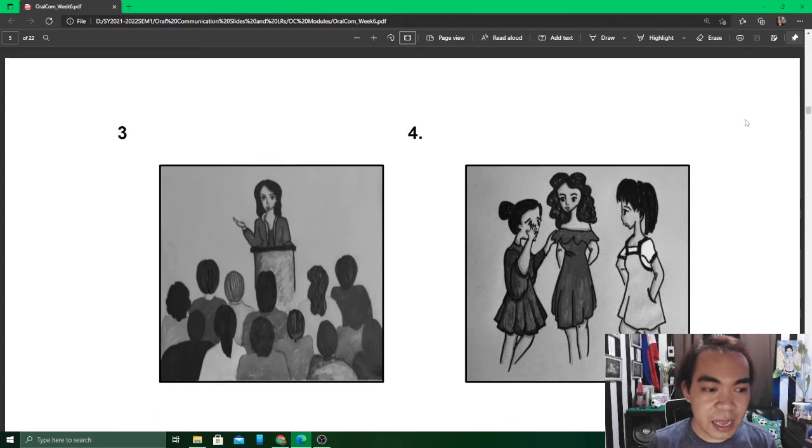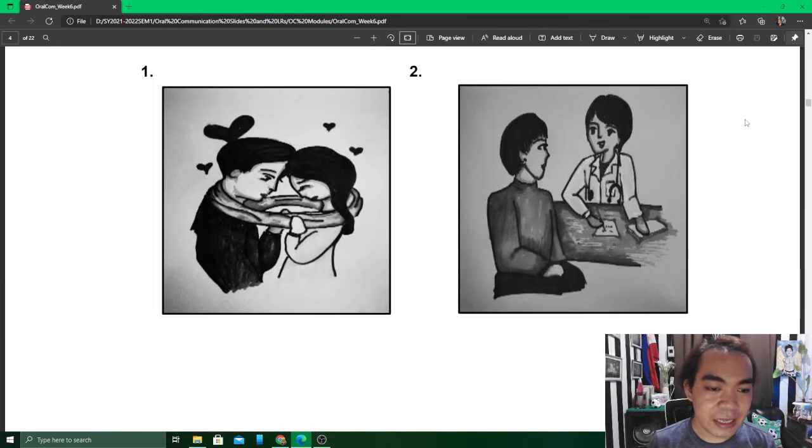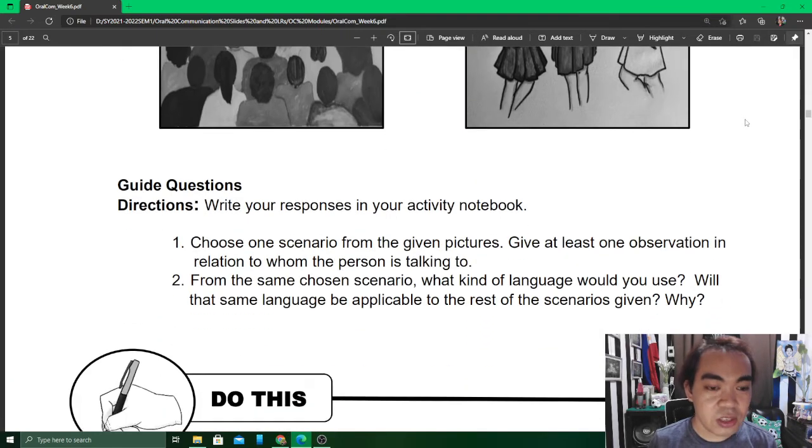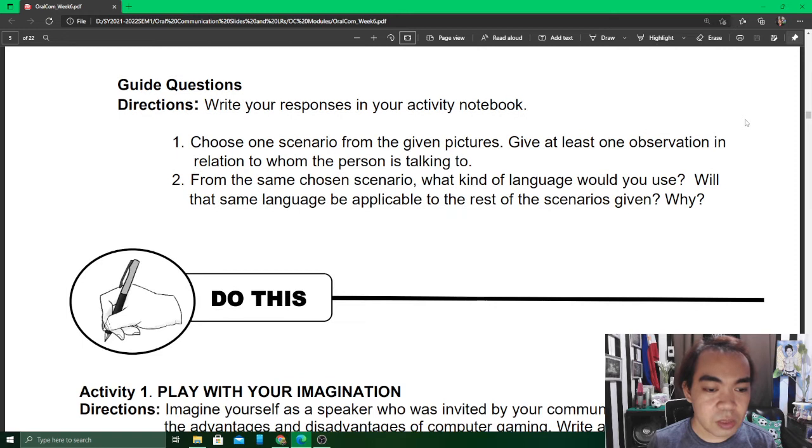So, sa apat nga ni sa mga pictures, lain-lain ang context, lain-lain man ang type of speech nga dapat gamiton, no? So, ang inyo direction is for you to be able to give one observation, no? Kung simpo o kung ano ang context sang nagkakatabok nga conversation or communication sa picture.